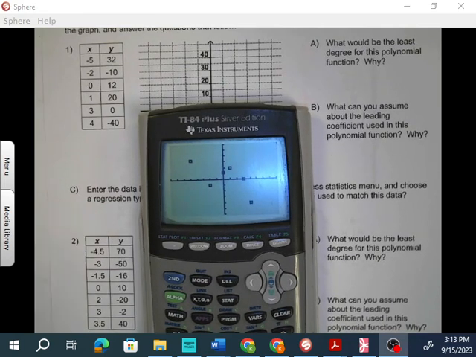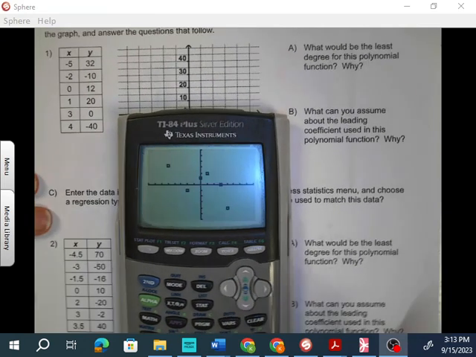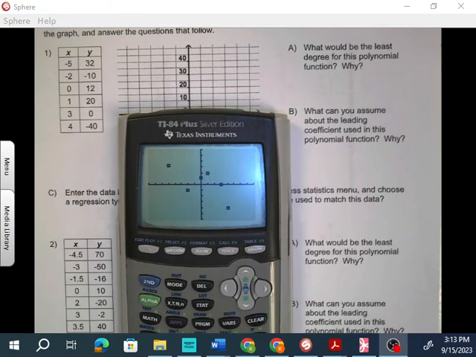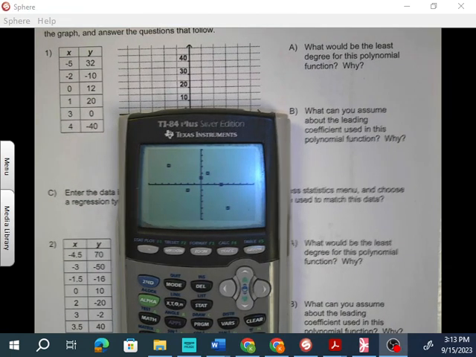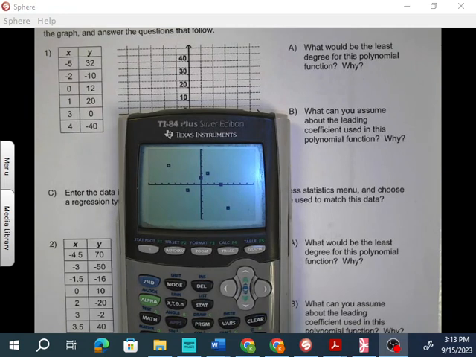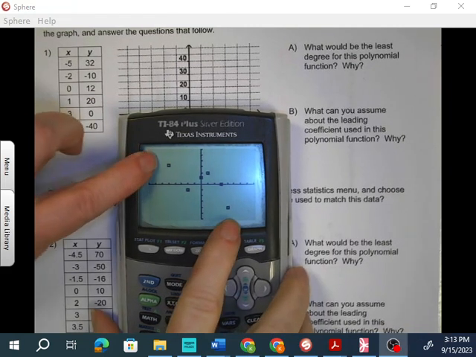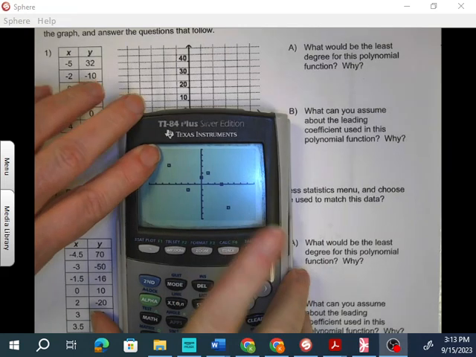The reason I'm looking at it is because part A asks, what would the least degree for this polynomial function be? When it says least degree, the rule is however many bends, or turns, or bumps you have, you add 1. That is the least degree it could be. Looking at this, I have one end going up and one going down.